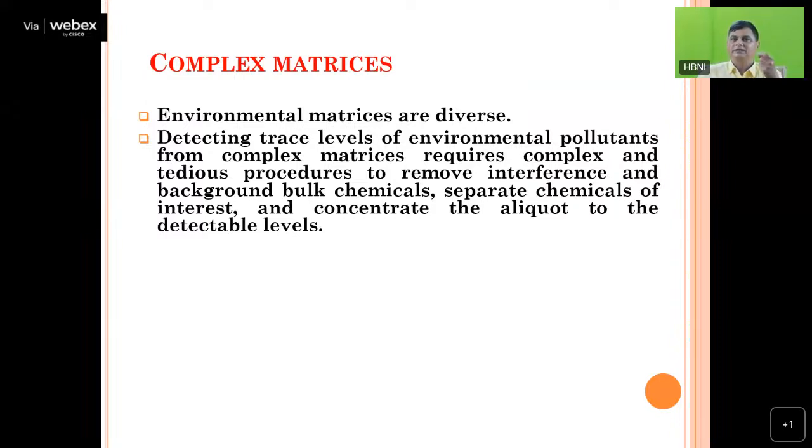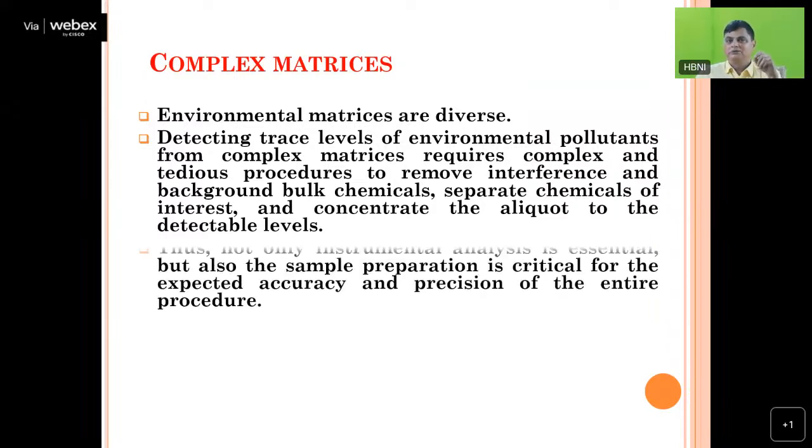So detecting a trace level of environmental pollutant from a complex material requires a complex and tedious procedure to remove interferences and background from the bulk chemicals. We have to remove those interferences and separate the chemicals of interest, converting them to detectable labels, so that you can easily detect them with whatever instrument is available to you.